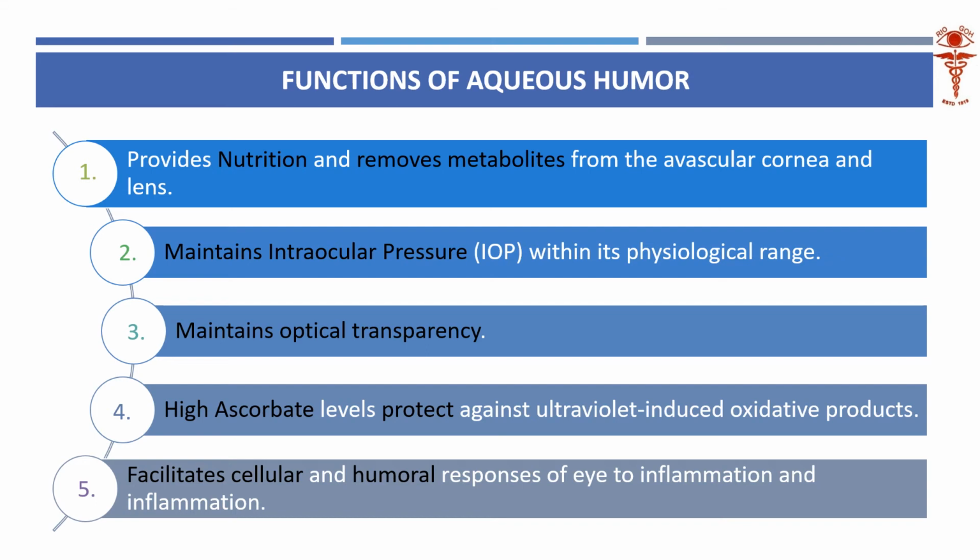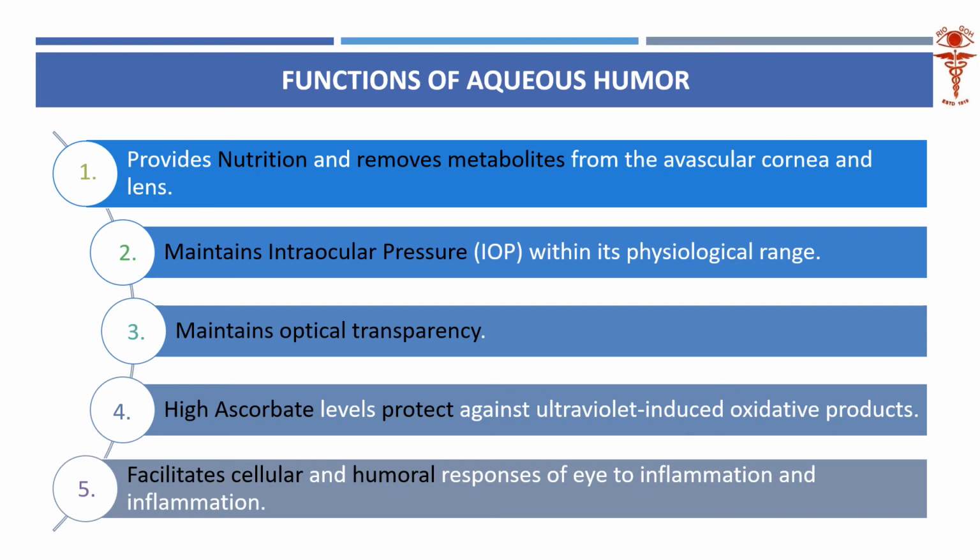If you understand your primary biochemistry, then you will understand that there is aerobic metabolism and anaerobic metabolism, and in anaerobic metabolism, less ATP is formed, and there is a byproduct called lactate and bicarbonate. Do you remember that? That lactate and bicarbonate have to be removed from these structures, no? And for that also, the aqueous humor is the main vehicle. Aqueous humor is a vehicle for nutrition, and aqueous humor is a vehicle for removing metabolites.